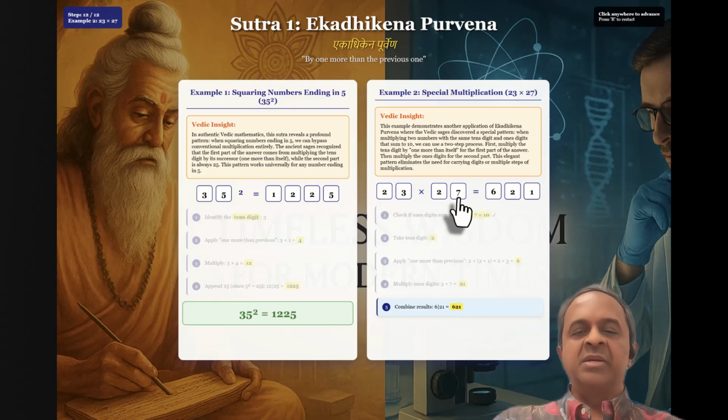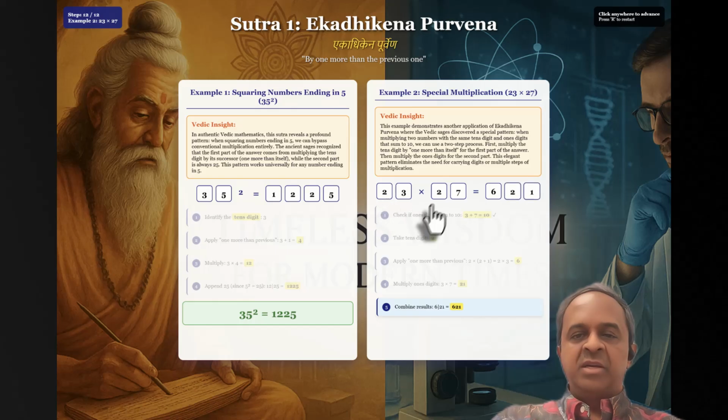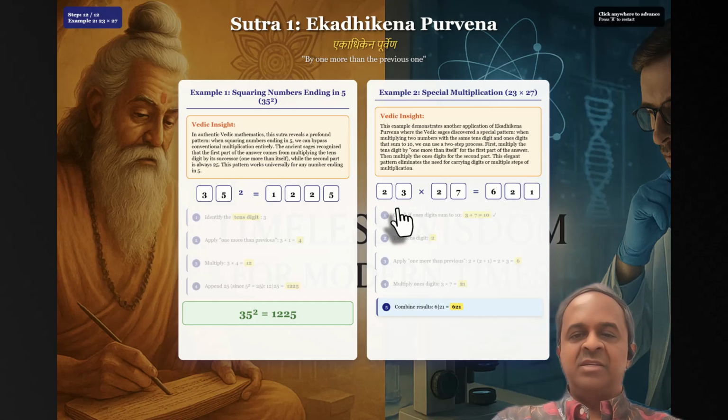In this case, 3 plus 7 is 10. So for 23 times 27, you apply the one more than the previous one on the tens digit: 2 times 3 is 6. And then you multiply the units digits 3 and 7, 21.